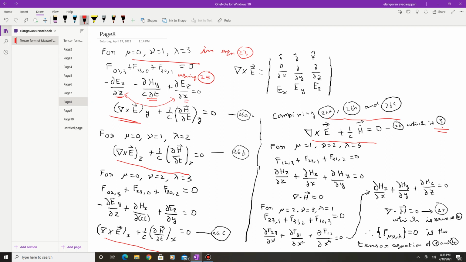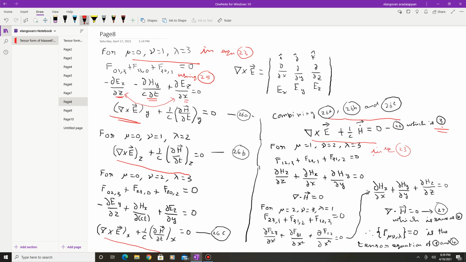Similarly, if you put mu is equal to 1, mu is equal to 2, lambda is equal to 3, from equation 23 you will get this expression.